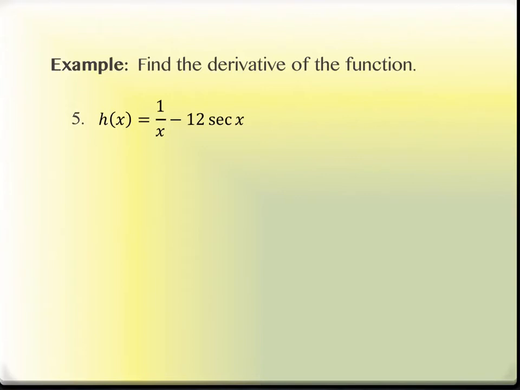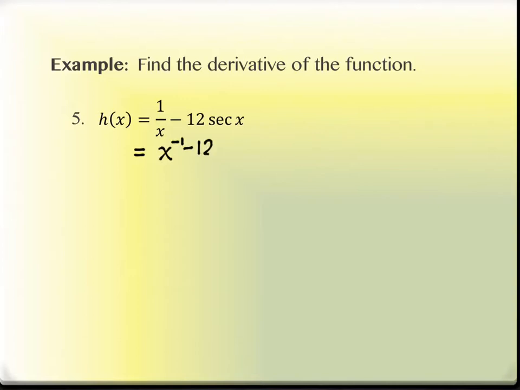So the first one, h of x, is equal to 1 over x minus 12 secant x. So we talked about how we could rewrite things like 1 over x in the past. How could I rewrite 1 over x so that I can use my simple derivative rules? Good. X to the negative 1.